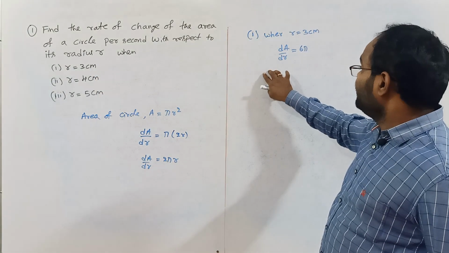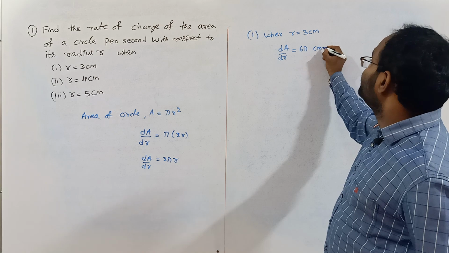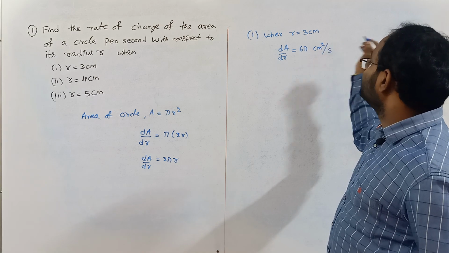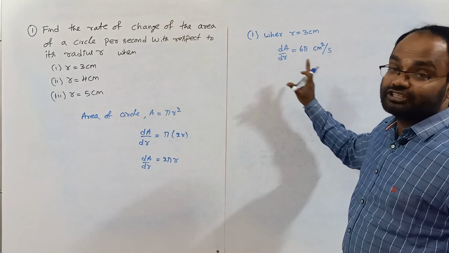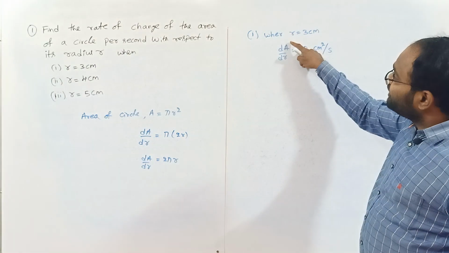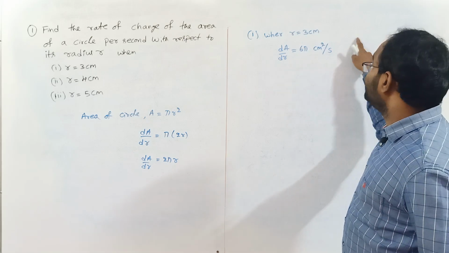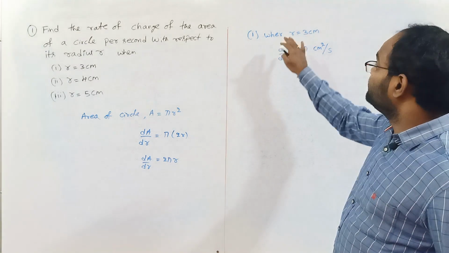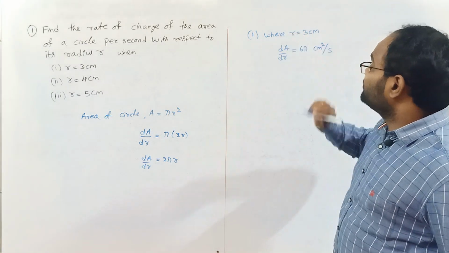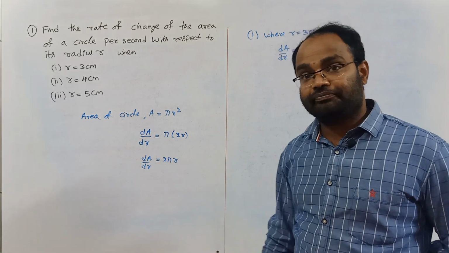So area means centimeter square. So therefore 6 pi centimeter square per second. So that is the required rate of change of area with respect to radius. Observe, even when we take rate of change of area with respect to radius, the unit comes in terms of time only. So we must observe that carefully, because we are finding both area and radius with respect to time itself, right?